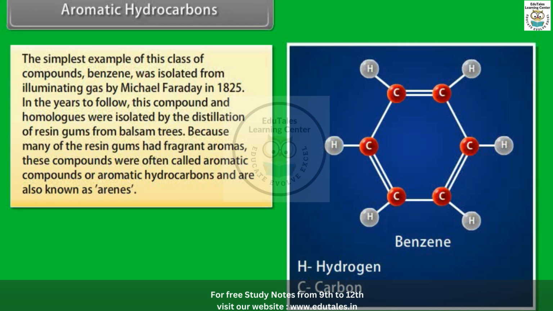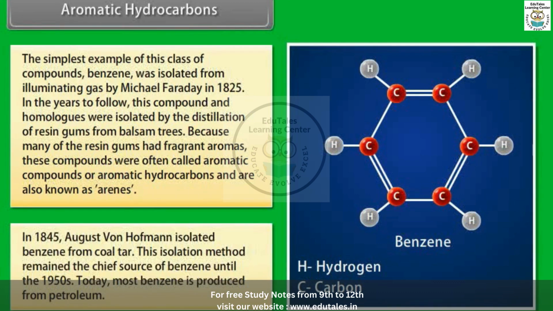In the years to follow, this compound and homologues were isolated by the distillation of resin gums from balsam trees. Because many of the resin gums had fragrant aromas, these compounds were often called aromatic compounds or aromatic hydrocarbons, and are also known as arenes.